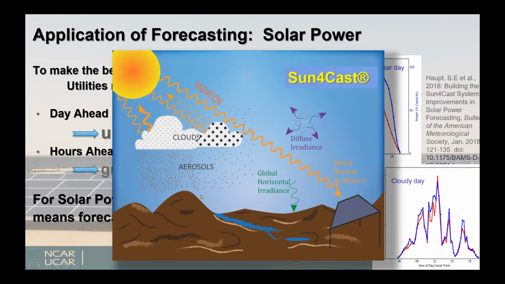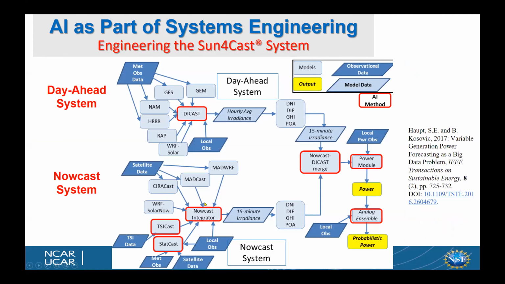We had lots of team members, including other national labs, NOAA, and universities, and we developed a full state-of-the-art system to predict both for day ahead, as seen on the top, as well as the nowcasting system for the next 6 hours we optimized. Day ahead was based on DICast, which I've already talked about.